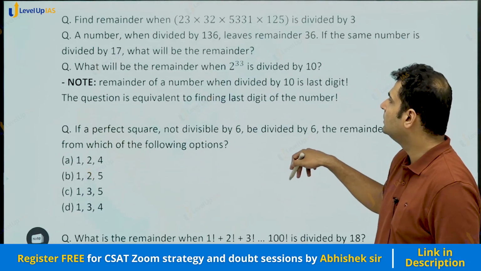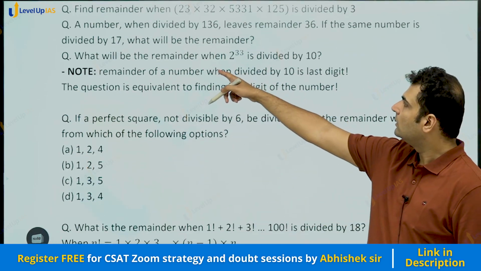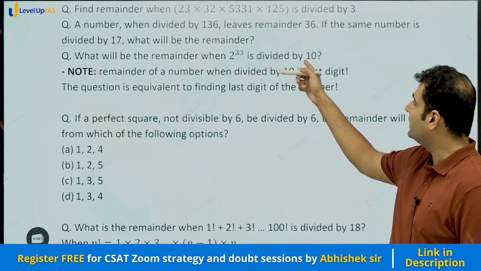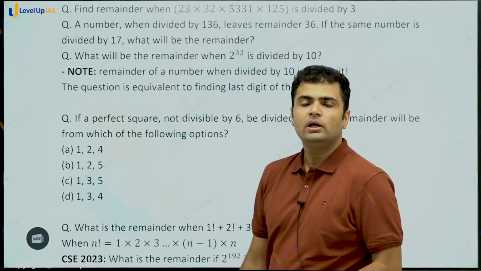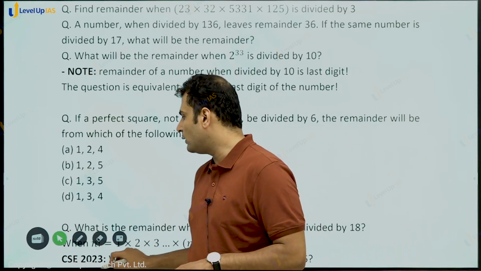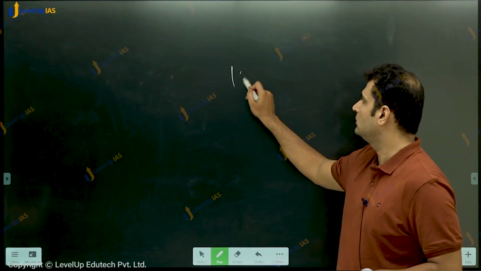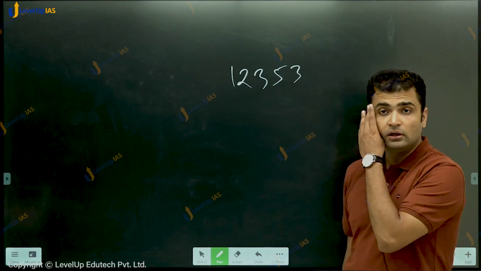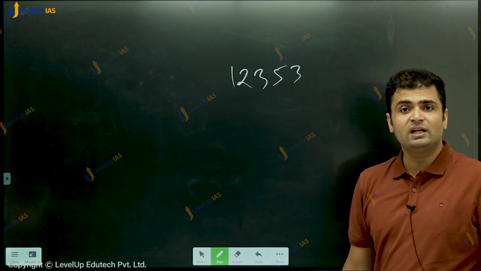Next, what will be the remainder when 2 raised to 33 is divided by 10? Now, any quantity, कोई भी क्वांटिटी जब 10 से डिवाइड करते हो आप, let this be any quantity. If you divide this number by 10, what is the remainder?